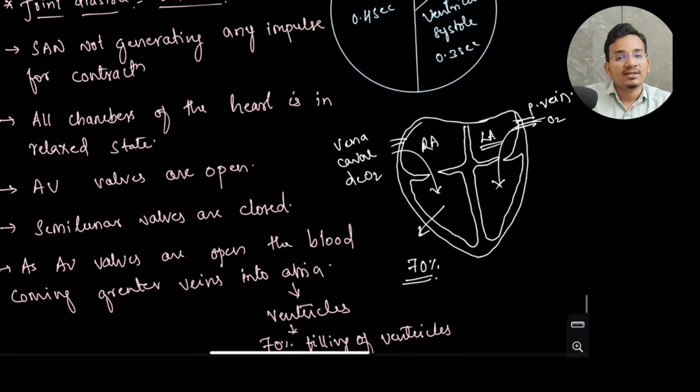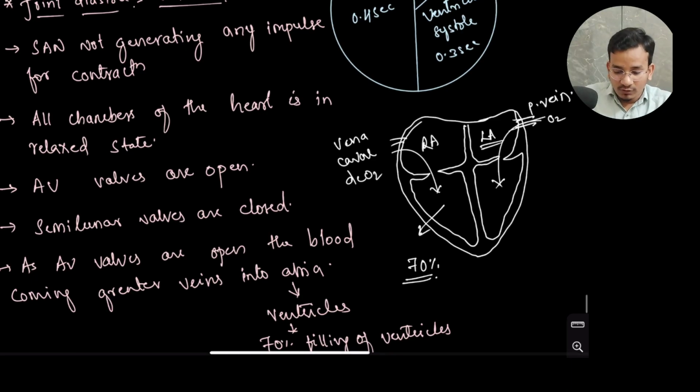Here also, the deoxygenated blood coming from the vena cava into the right atrium is entering into the ventricle as the AV valves are open. So by this, 70% filling of the ventricle is completed in this step, that is the joint diastole.